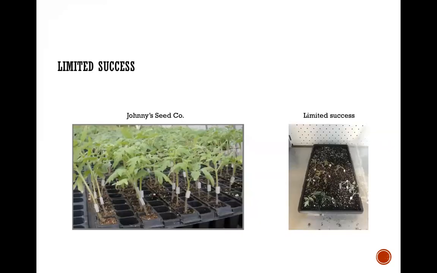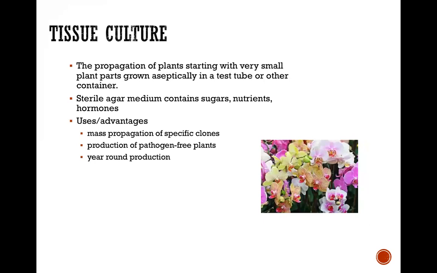Now, there are challenges with this type of grafting. It has been limited in success, and it's fairly expensive to get the seeds. So I'll be following this trend in vegetative grafting to see what comes of it in the future. One other type of propagation I'm just going to touch on is tissue culture.